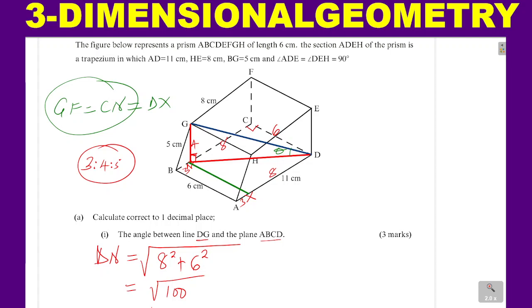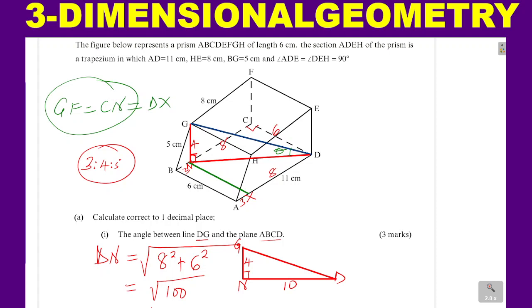Now, in that triangle, we have what we require, because if I sketch it here, you notice we have N, then G, and D. So this side is 4, and then we have DN, which we just calculated as 10.